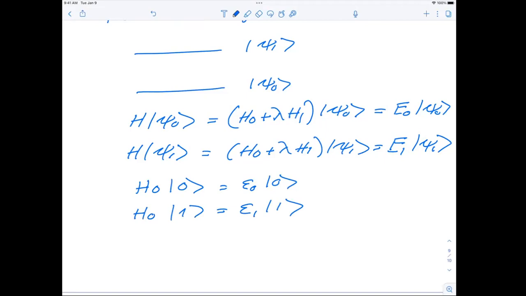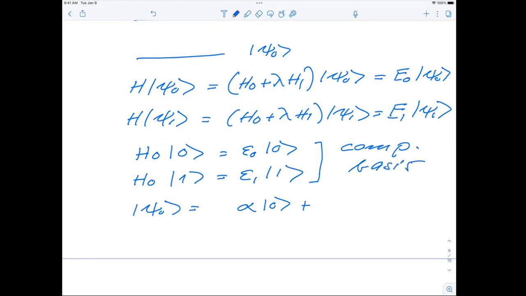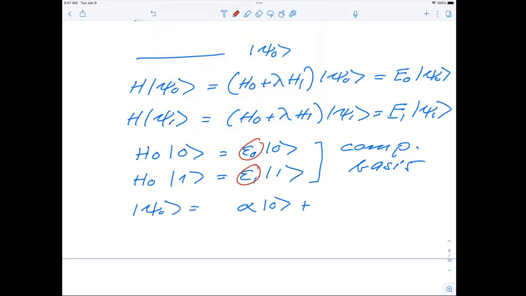The thing which we can do then is to assume that psi 0 is given by some coefficient alpha times 0, plus beta times 1, since we can always express psi 0 in terms of our computational basis. So this defines our computational basis, comp basis, and this is a basis where we have the analytical solutions. So the quantities epsilon 0 and epsilon 1 are known.